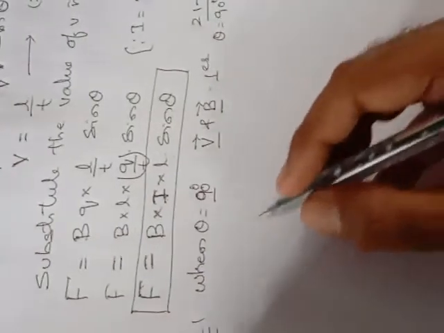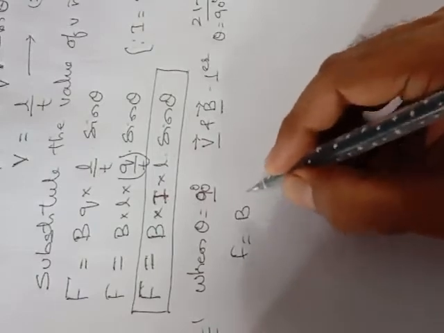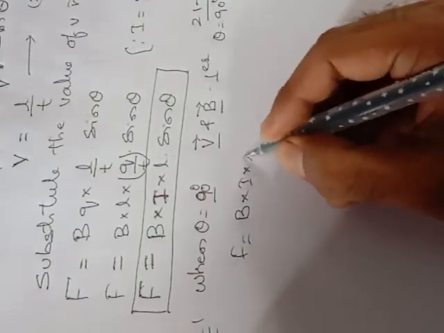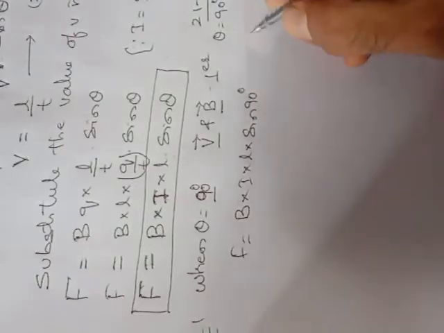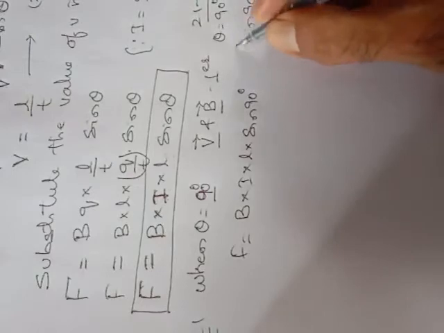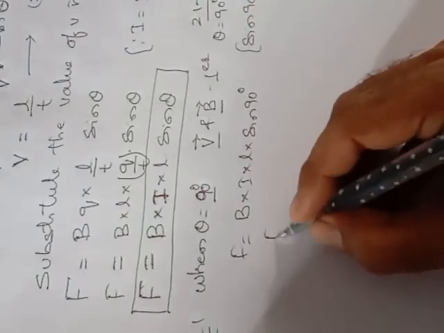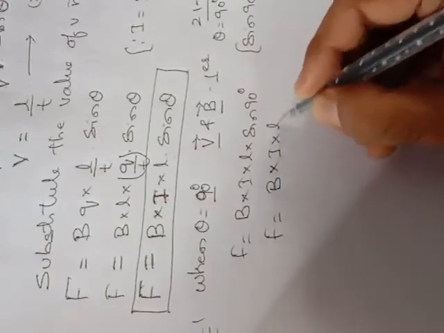So what will happen here? F is equal to B into I L into sine of 90 degree. We know sine 90 degree is equal to 1. So the force is equal to BIL.